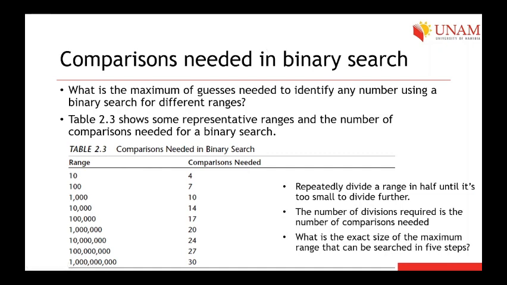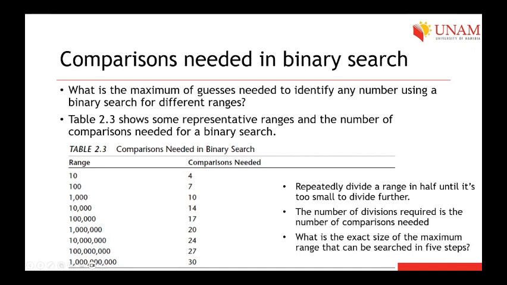So what I want you to take note of is that the number of operations, comparisons, that are required in binary search has drastically reduced in comparison to if we were doing linear search. For example, if your search range is initially 10, you have 10 elements, then the number of comparisons that are required is 4.